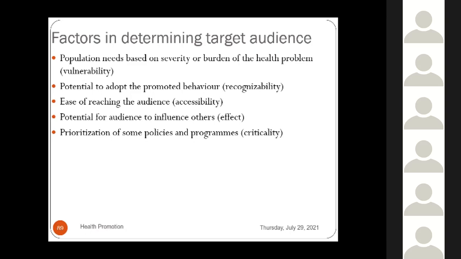Then the potential for the audience to influence others, or the targets that you have identified within the population. Are they also ready to influence the behavior of others? For example, if you are teaching hand washing in school, you know that children are likely to have influence on their parents when they get home, because they are going to carry those behaviors home.